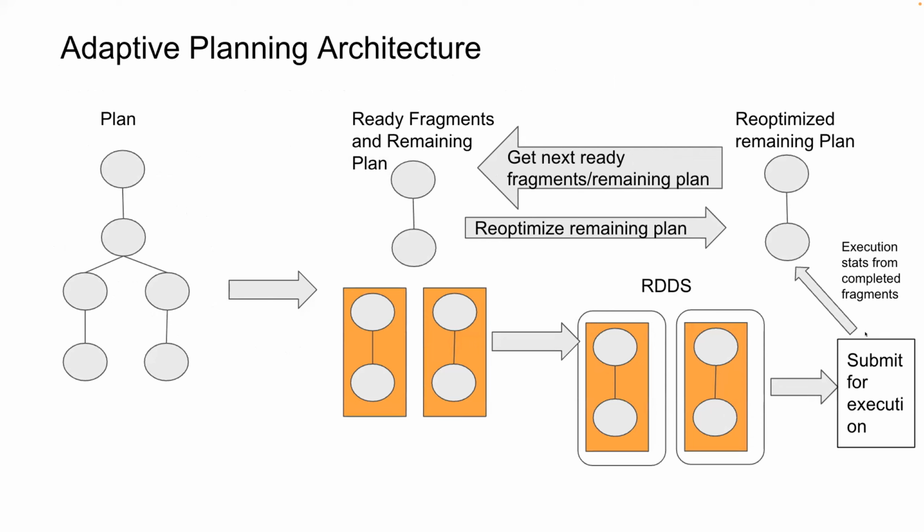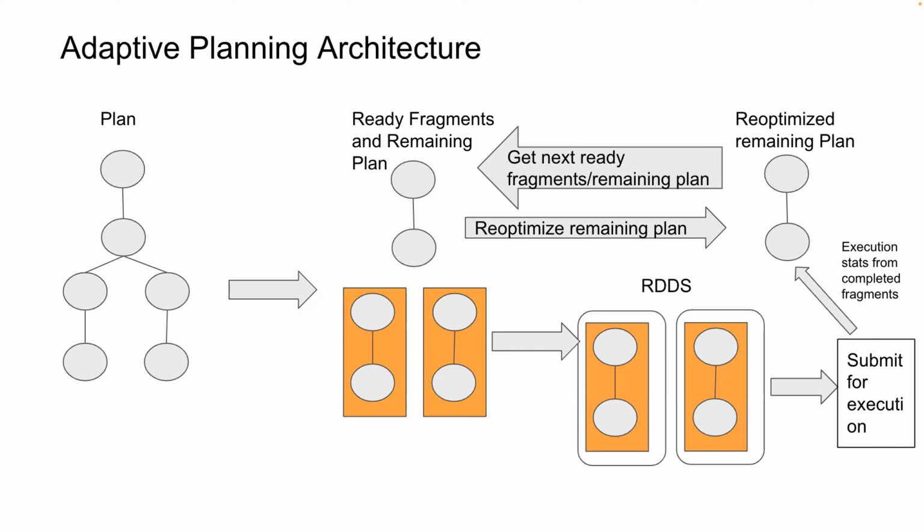So the runtime stats get returned after you submit the stage for execution. That's what gets returned at the end, the stats of what happened during the execution. And then the optimizer uses it to feed into cost-based optimization decisions.